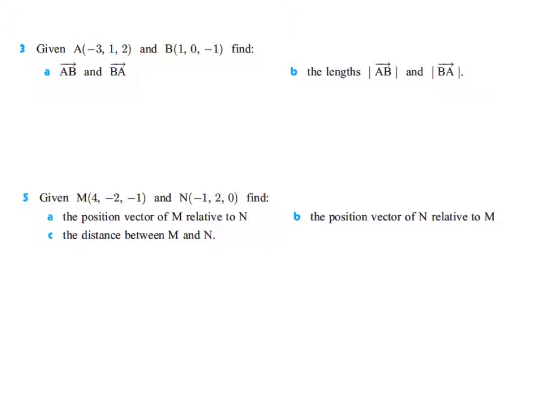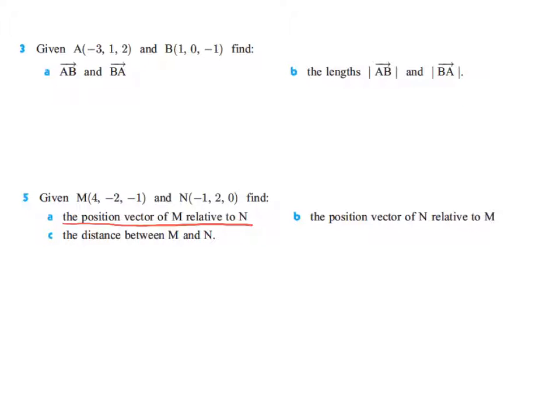One thing about vocabulary: the position vector of M relative to N. This is something that you may want to write down here.